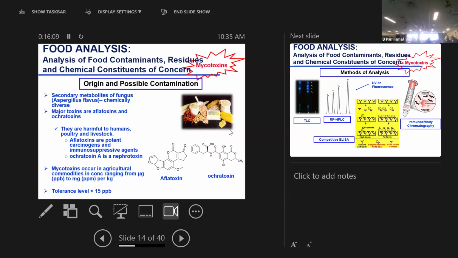All right, mycotoxins. They come from fungus, and there are a lot of different mycotoxins. Aflatoxin is one. Aflatoxin B is the most harmful carcinogen. It should be present at zero level. For aflatoxin A and other types of aflatoxin, you have a tolerance level.